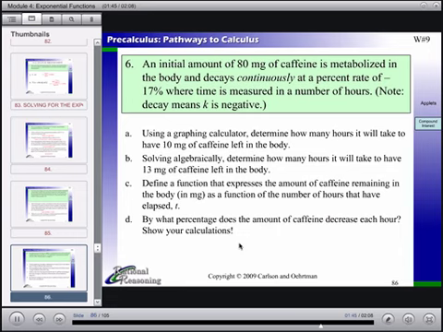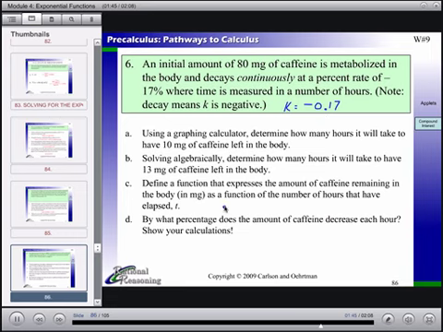So if the rate is a continuous rate of 17%, what is our value of K? K will be negative 0.17. Remember, K is a decimal. That number that we're going to put into the e to the k is the decimal version of the continuous rate.